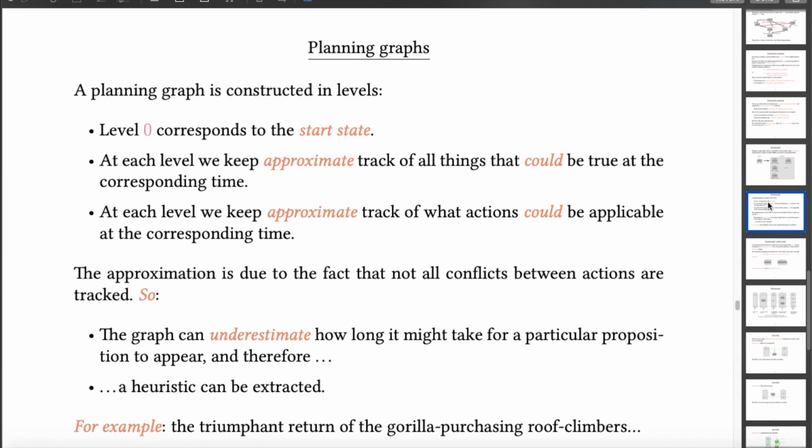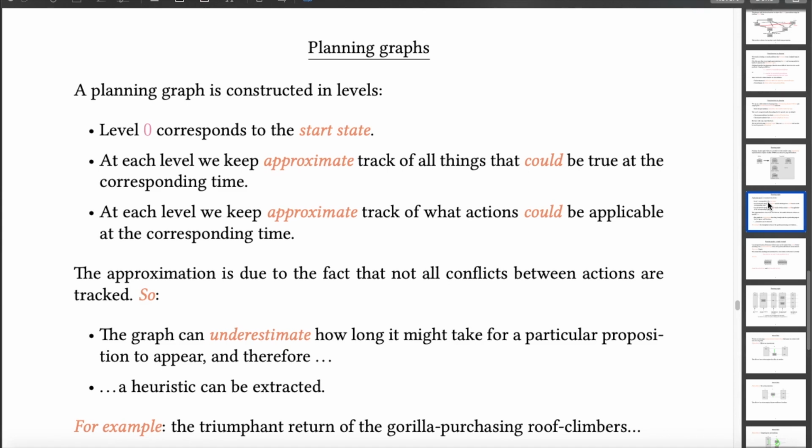Then we build up the graph in a series of levels that correspond essentially to increasing time, and at each level we approximately keep track of all the things that could be true at the corresponding time. And we also keep an approximate track of what actions we might be able to take at the corresponding time.